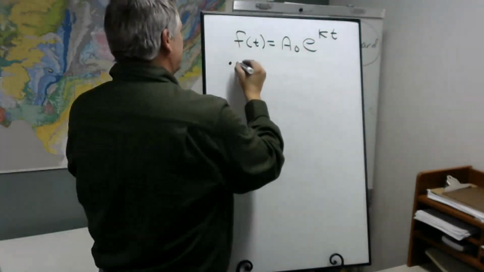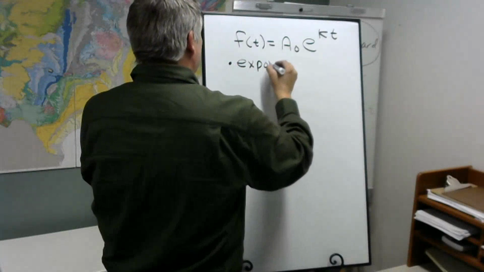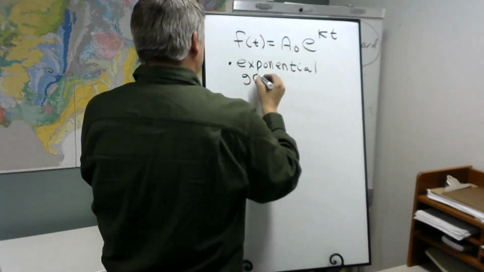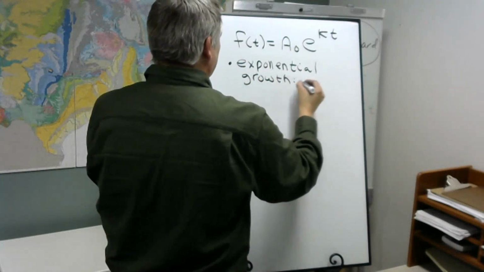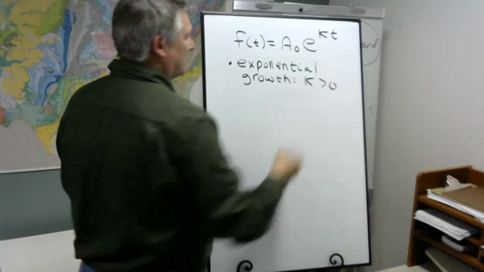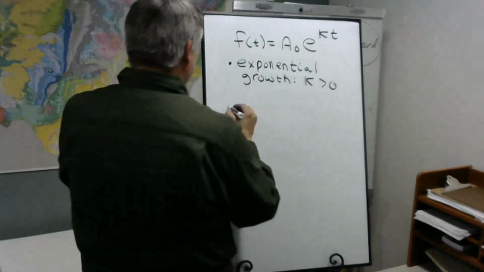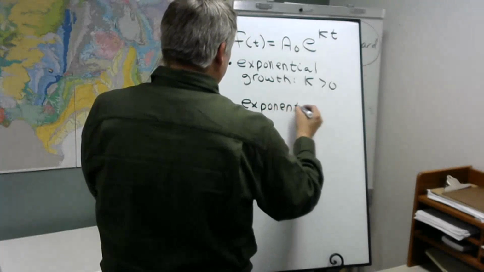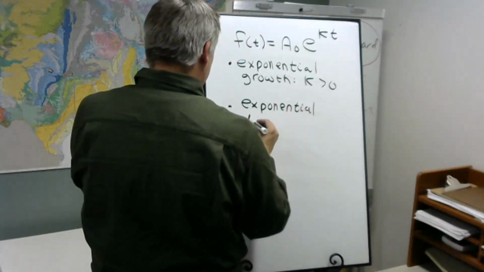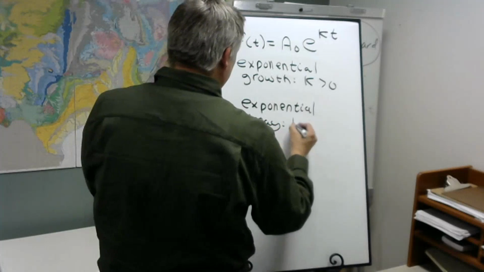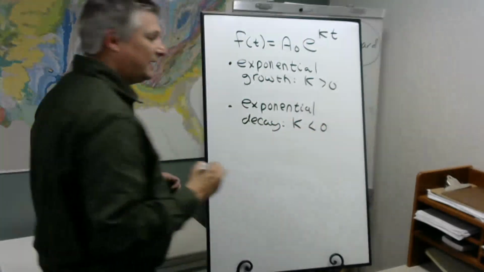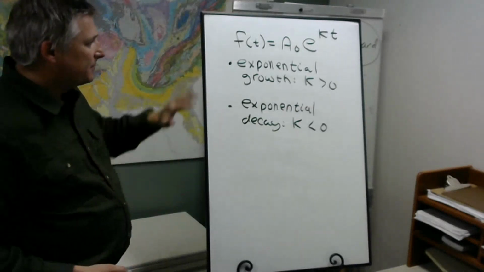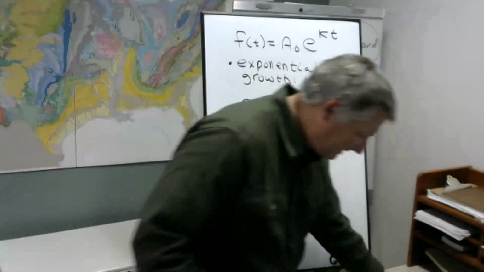And we call this exponential growth for k greater than 0. And we can call this exponential decay for k less than 0. So we're going to take a look at a couple examples with some growth and some decay.